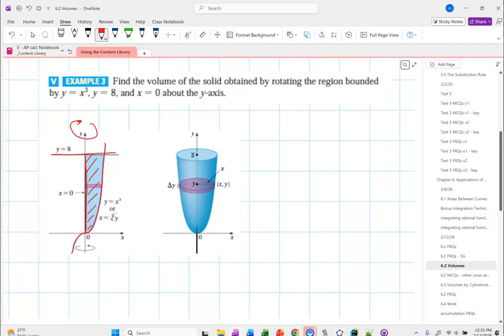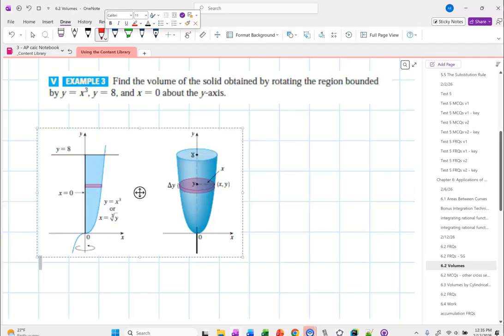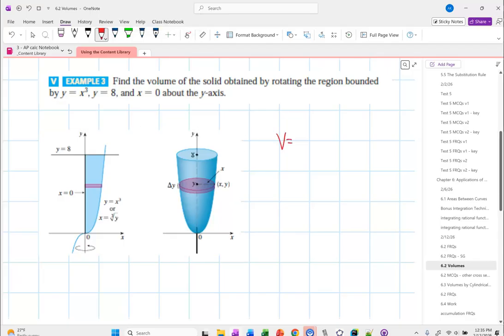Okay. Now typically, I'm going to erase all that. The goal here is going to be to slice perpendicular to the axis of rotation. Since we rotated about the y-axis, I'm going to be slicing horizontally this time. Everybody's okay with that? Since I'm slicing horizontally, the slices depend on which coordinate?